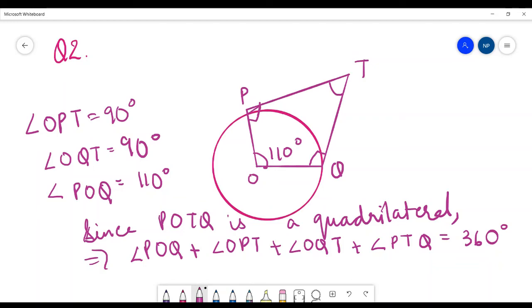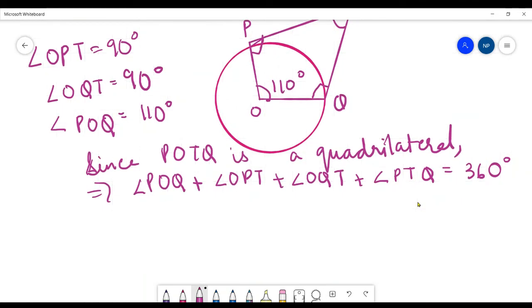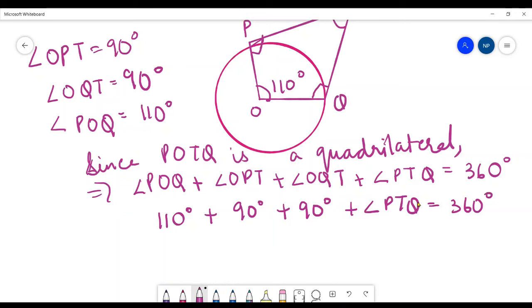So from here we get the answer. Angle POQ is 110 degree plus 90 degree plus 90 degree plus angle PTQ is equals to 360 degree. 110 degree plus 90 plus 90 is 290 degree plus angle PTQ is equals to 360 degree.